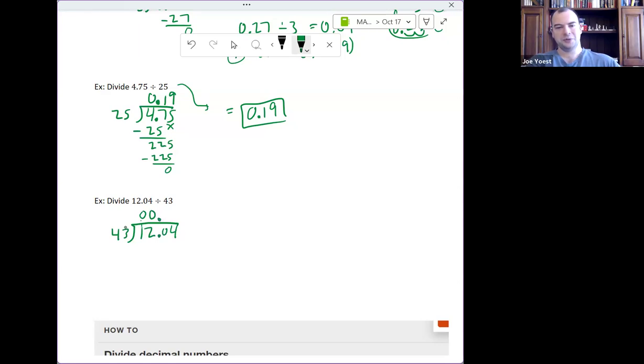I've run into my decimal point. Let me just bring that up. I'm being a little more pedantic here about checking every single digit so that I keep track of what place I'm at. Does 43 go into 120? Yes, it does. It almost goes in 3 times. 40 times 3 would be 120, but 43 times 3 is 129. It's a little too much. It's going to go in twice. 2 times 43 is 86.